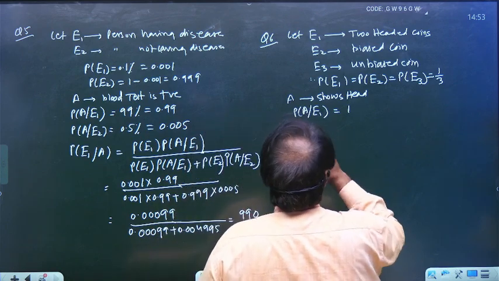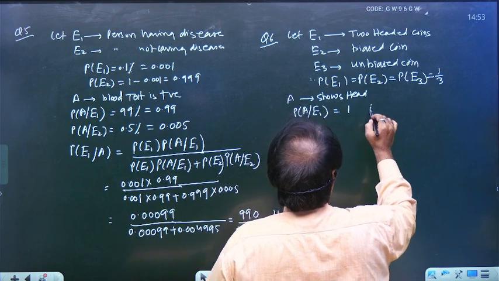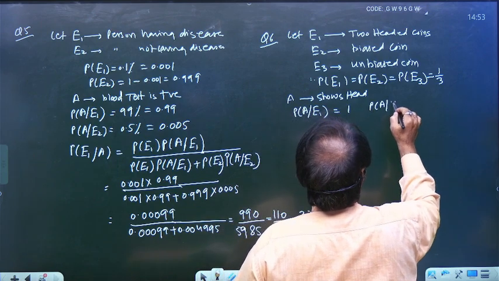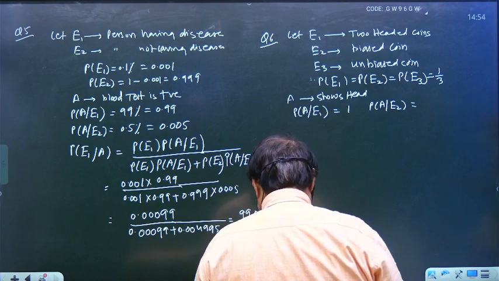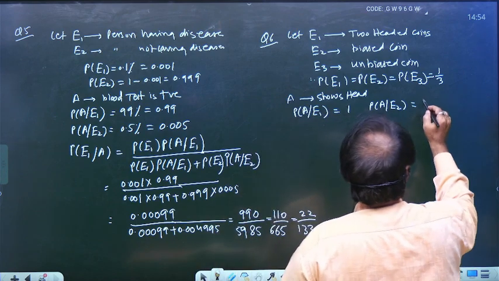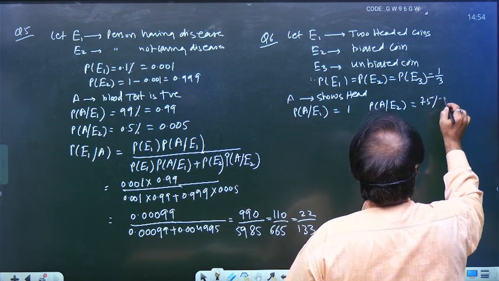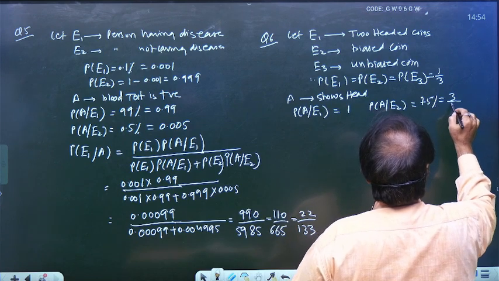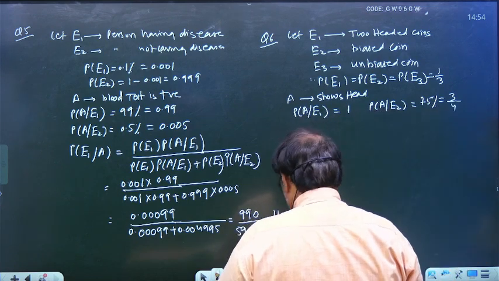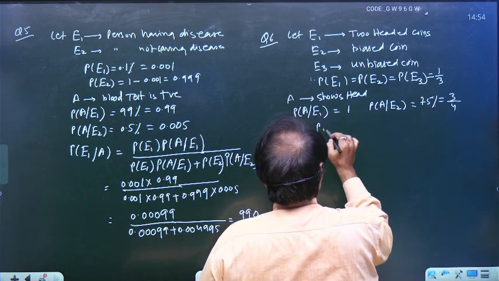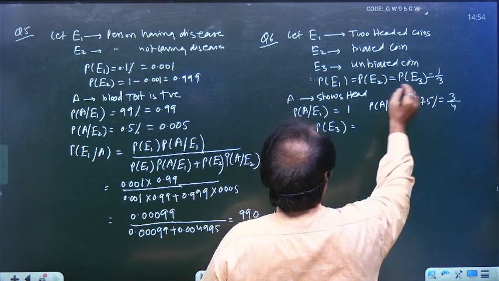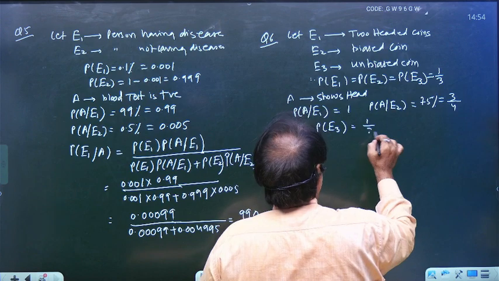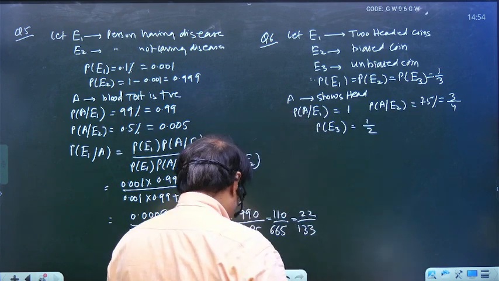So probability of A by E1 is 1. Probability of A by E2? The coin is biased, and as per the question it is 75%, means 75 by 100, that is 3 by 4. And what about A by E3? That is the unbiased coin. So unbiased coin means 1 by 2.